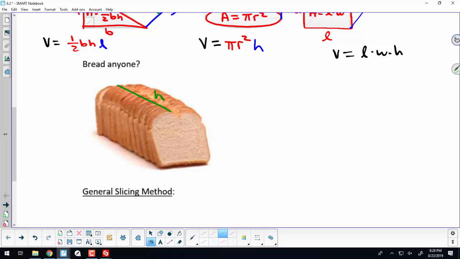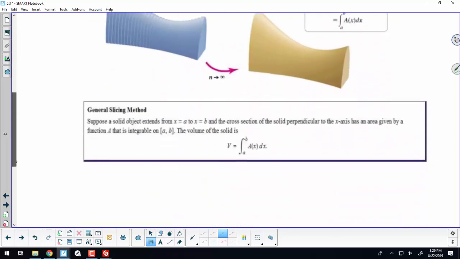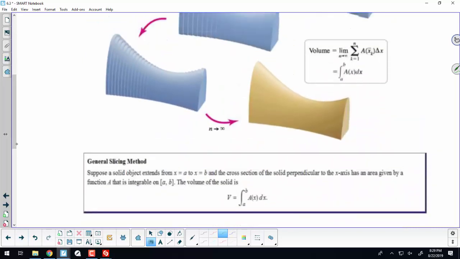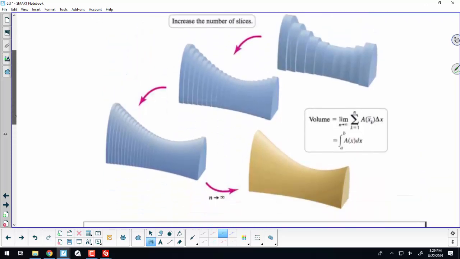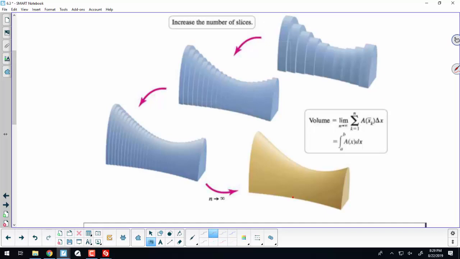I'll mention that later. So it goes back to the general slicing method, which says, if I have this weird saddle looking thing and I want to know its volume, I'll say, if I cut into this thing, what do my cross sections look like? Then I'll multiply the area of each cross section by its thickness, which will give me a volume of this solid.